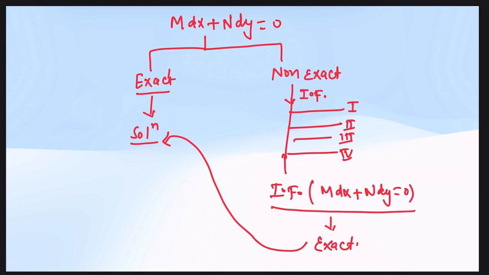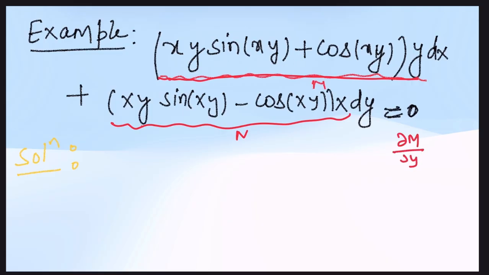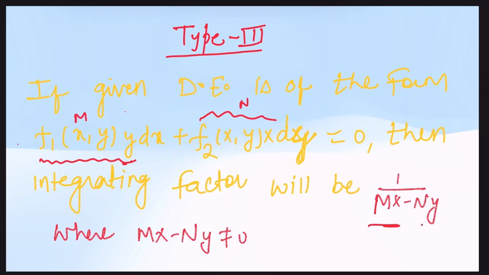The example is: (xy sin xy plus cos xy) y dx plus (xy sin xy minus cos xy) x dy equals 0. This whole part is M, and this whole part is N. You can check that this differential equation is not exact, so it is a non-exact differential equation. I am finding the integrating factor with the procedure 1 upon (Mx minus Ny).